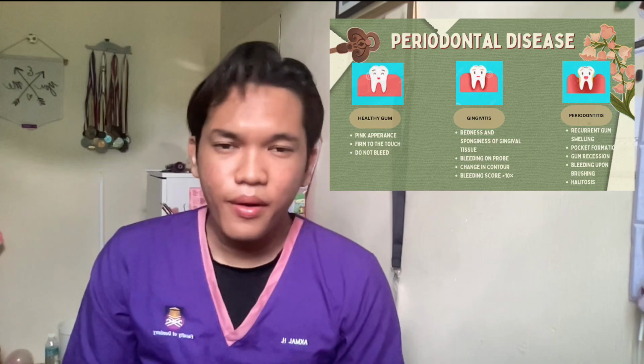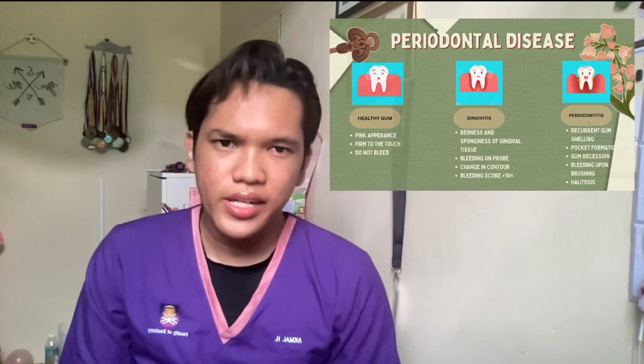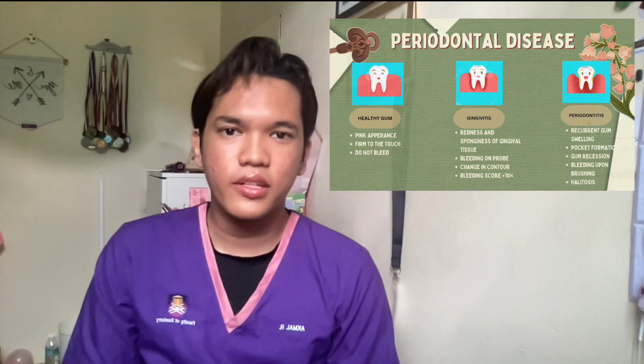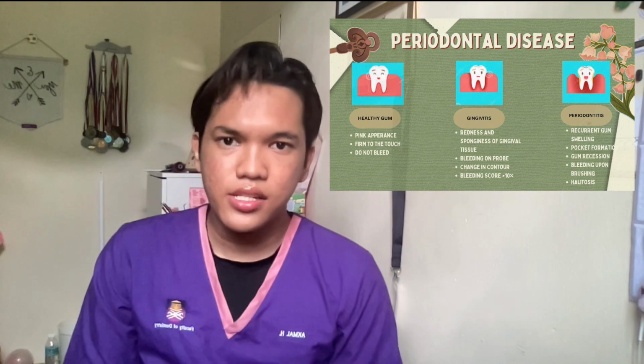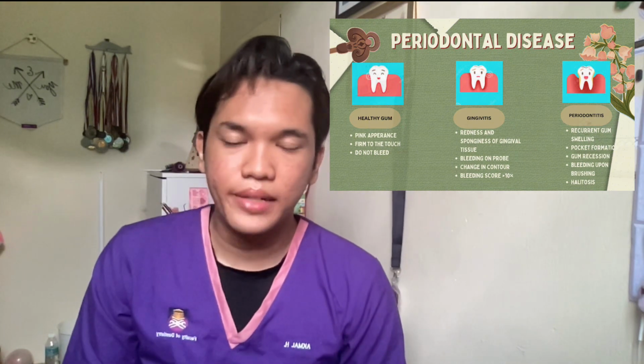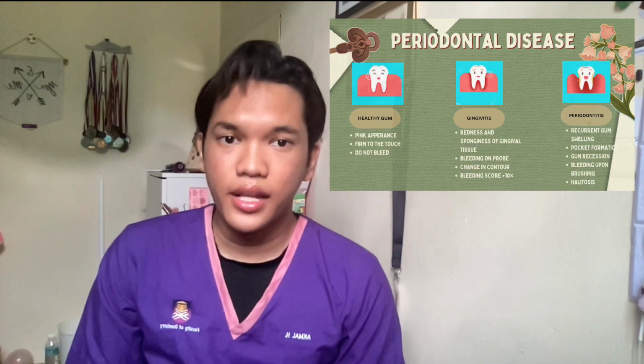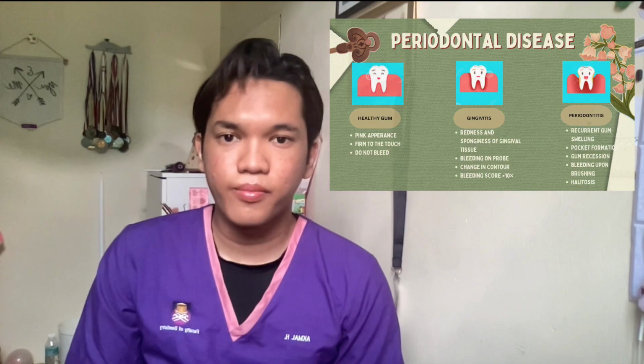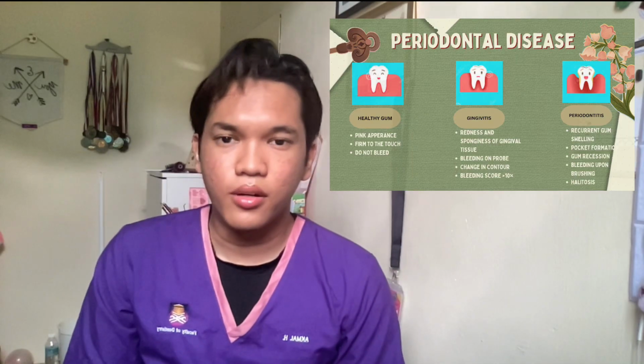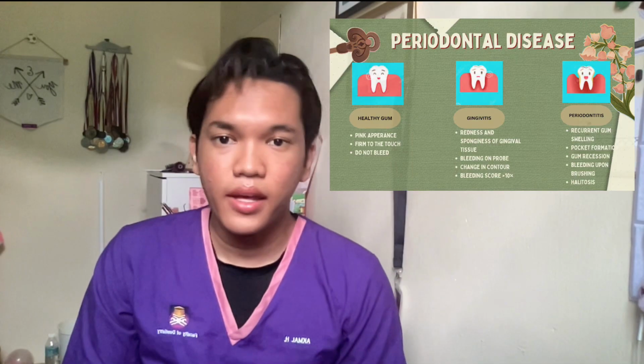and exposure of the root surfaces. In periodontitis, the inflammation extends deeper into the supporting structures around your teeth. This causes the gums to pull away from the teeth, forming pockets that can collect debris and bacteria. This debris comes from your food, your drink, and also plaque build-up in your mouth.